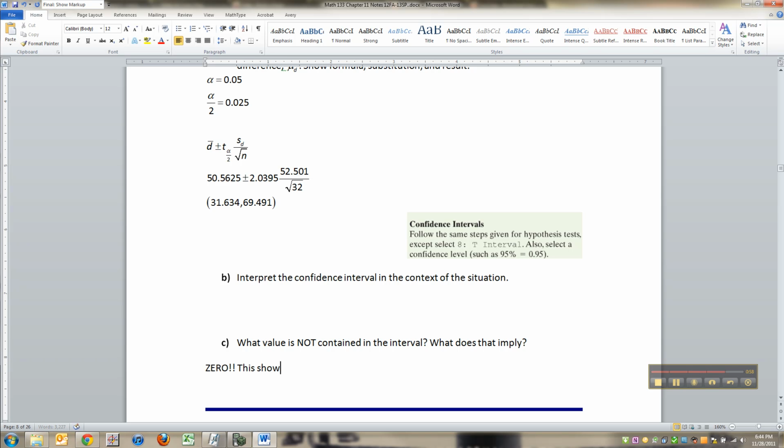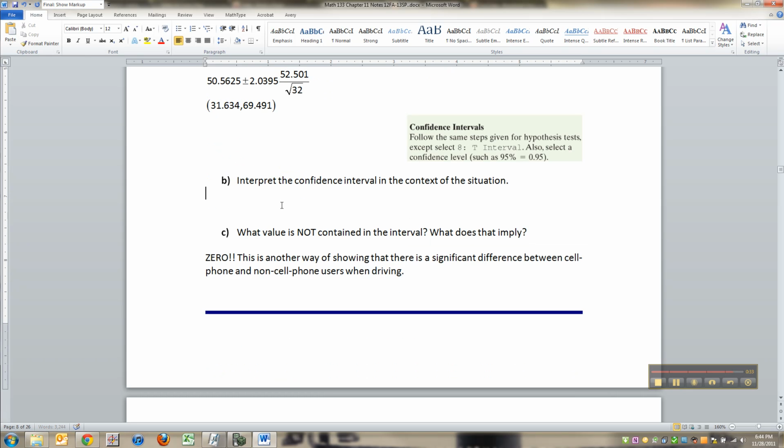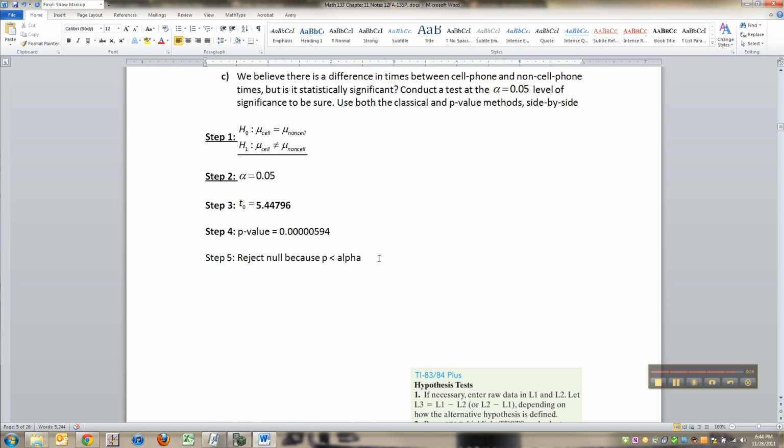This shows, or this is another way of showing that there is a significant difference between cell phone and non-cell phone users when driving, which is not any great shock to us because that's what we found back here with this hypothesis test. This showed us that we needed to reject the null hypothesis.